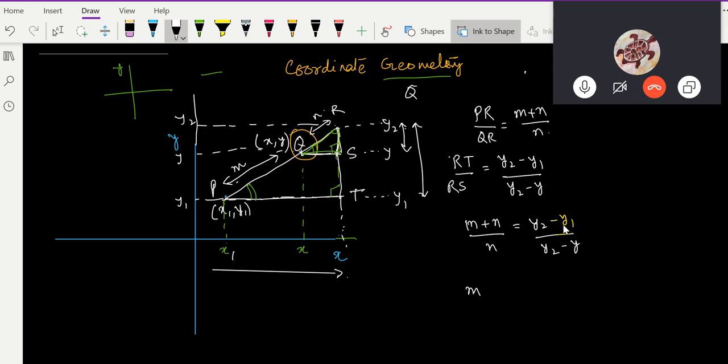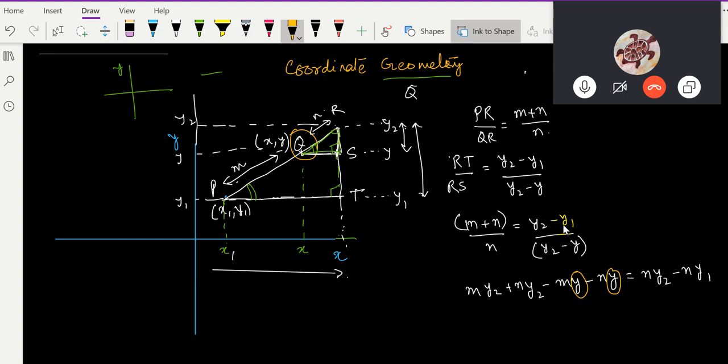So m plus n with y2 minus y is equal to n into y2 minus y1. What am I trying to find? I am trying to find the value of y.